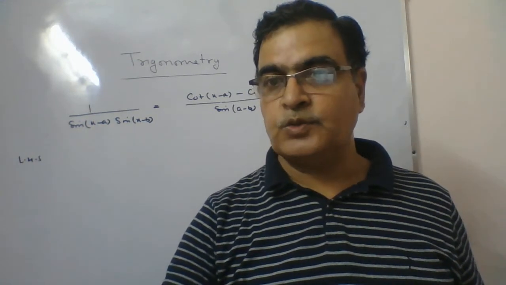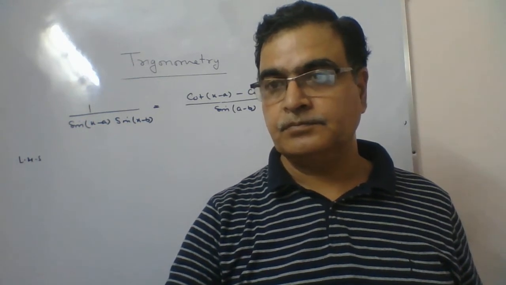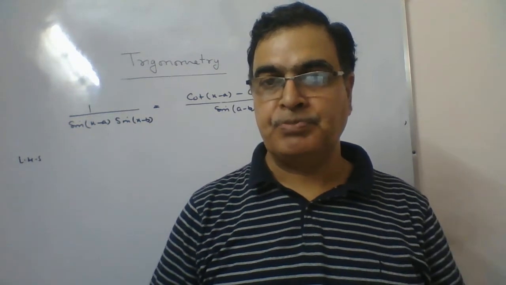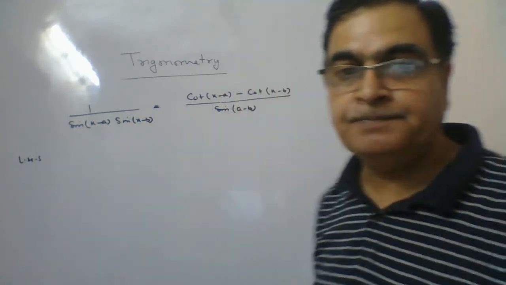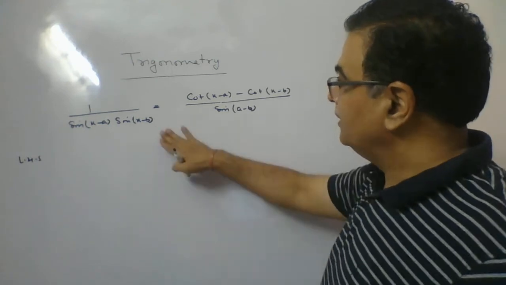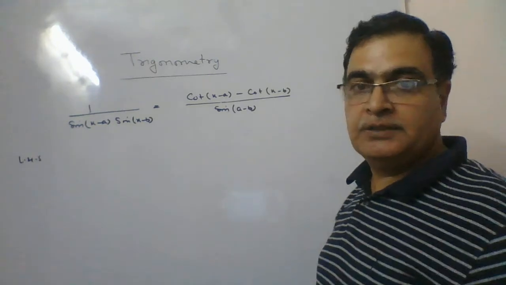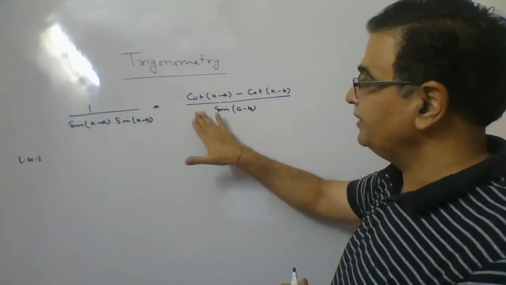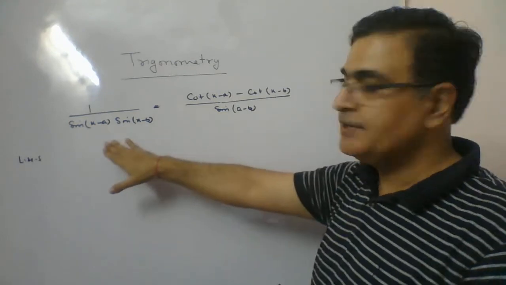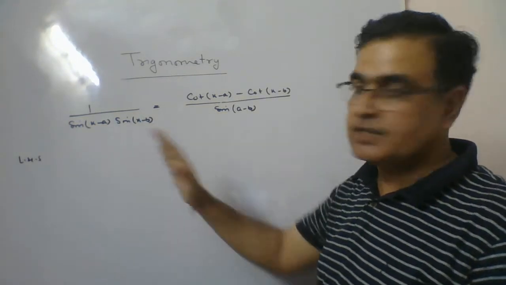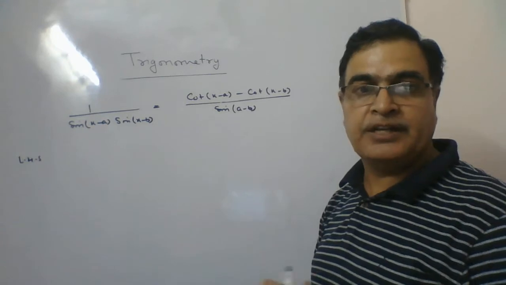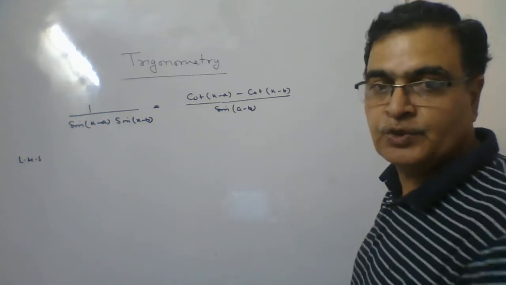Yes, this is the new question we have. In this question, either we'll start with this side or we'll start with this side. So which side we have to start, that we decide, and according to that we'll do the question.